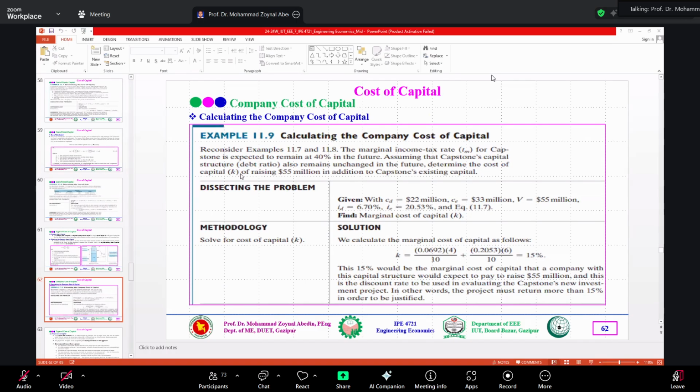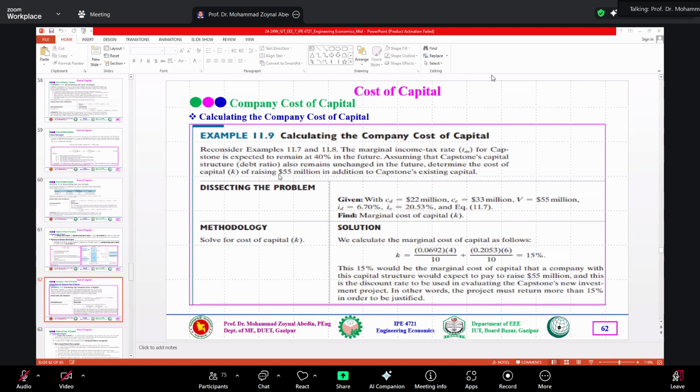Determine the cost of capital. K means the company cost of capital, K representing the company cost of capital of raising 55 million in addition to Capstone's existing capital. Capstone has some existing capital, but they are trying to raise their capital to 55 million.